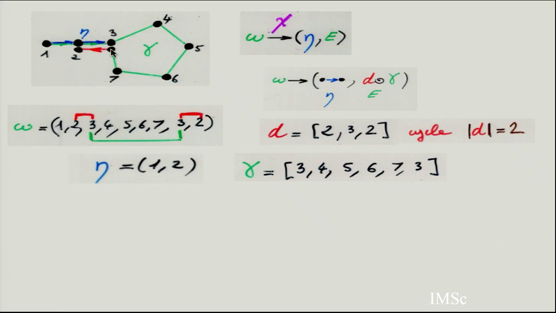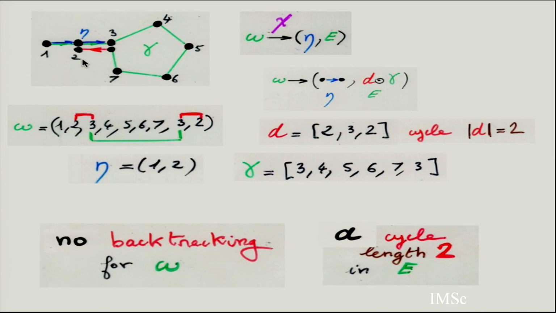And then there is a cycle of length 2, through 2, which is falling down. Eta, the blue path, is 1, 2. But in this path, there is no backtracking, because the cycle of length 2 is using two different edges which are not consecutive. So there is no backtracking for omega, but there exists a cycle of length 2 in the heap.